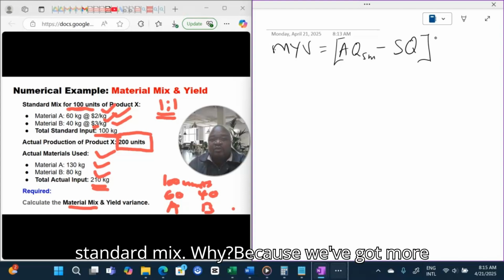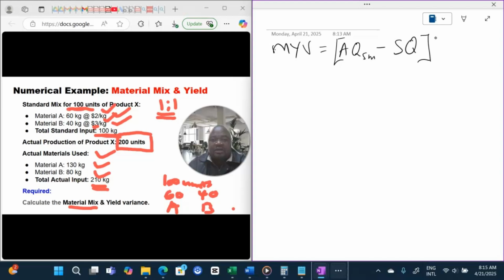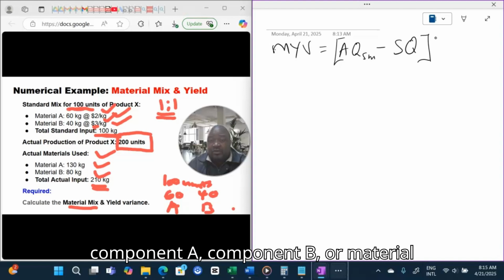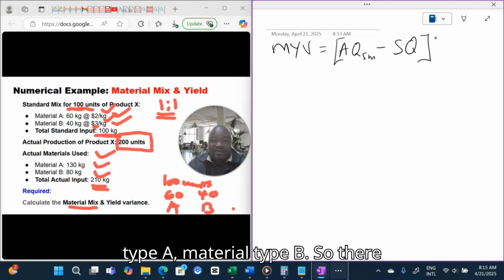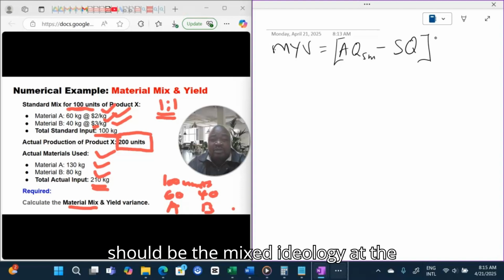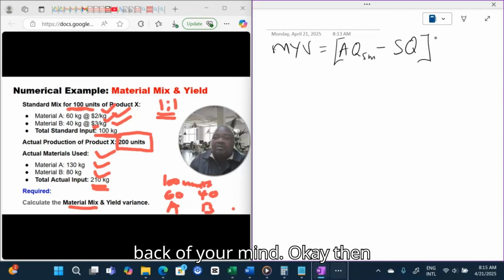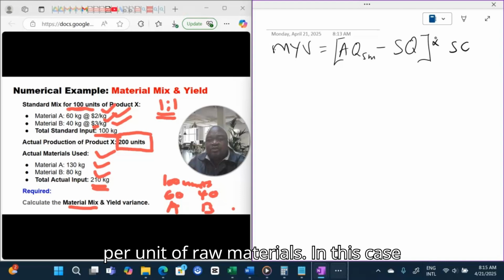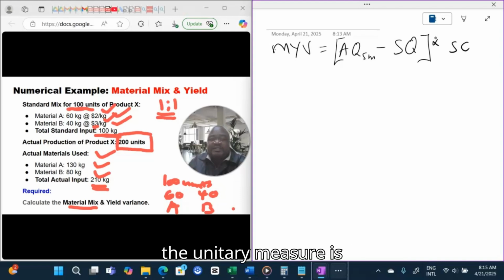Why? Because we've got more than one component of materials. We've got component A, component B, or material type A, material type B, right? So there should be the mix ideology at the back of your mind. Okay, then multiplied by the standard cost per unit of raw materials. In this case, the unitary measure is kgs. So it's cost per kg.